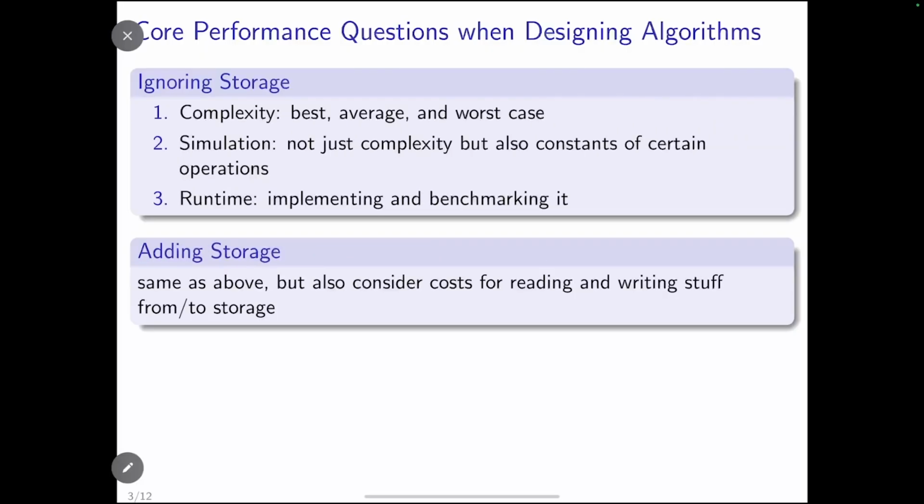But typically, when you talk about algorithms in the storage hierarchy, you can think about the performance characteristics of those algorithms. There are actually only three classes of performance considerations.